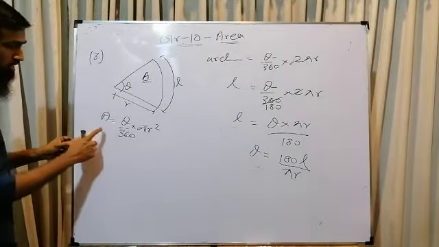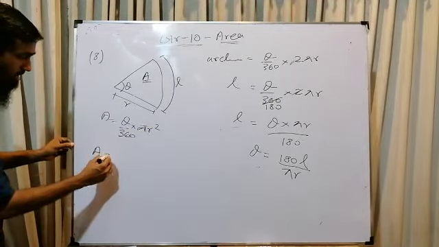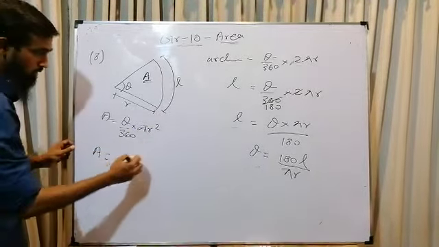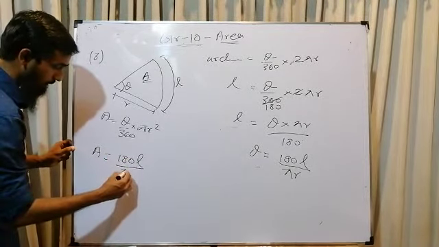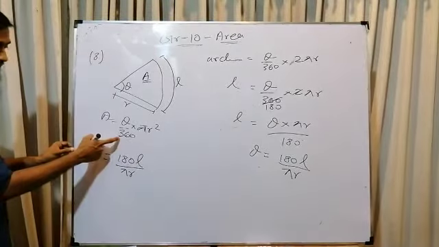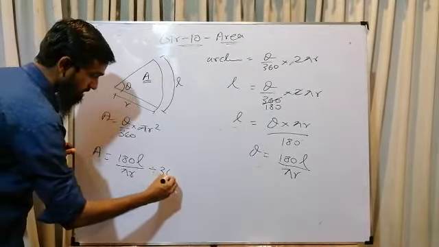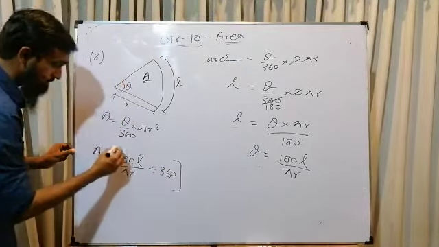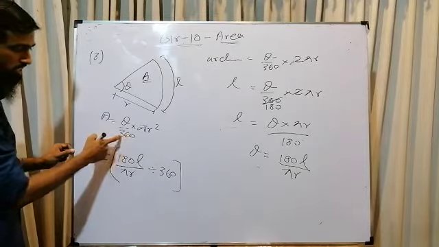So secondly, we are going to substitute the theta here. Area is A. For theta we substitute 180 L over pi r. In the denominator we have 360 also, so divided by 360. This one is theta over 360.